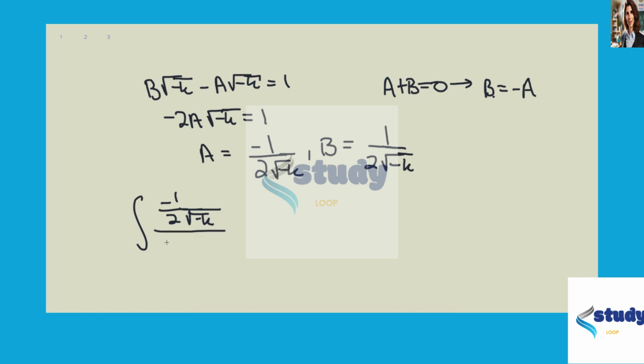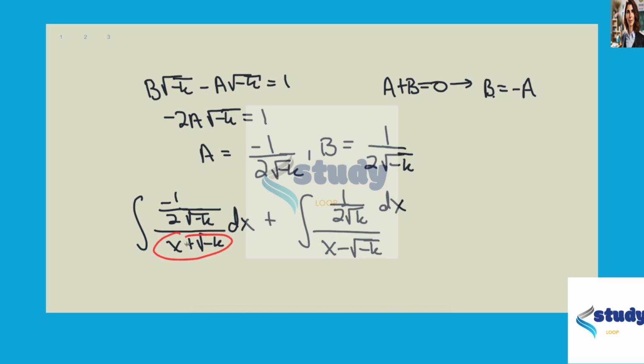So there's our A dx, and now we have our B. Now if this plus and minus, the radical, is bothering you, feel free to do a sub of this form for the first, and for the second, very similar.